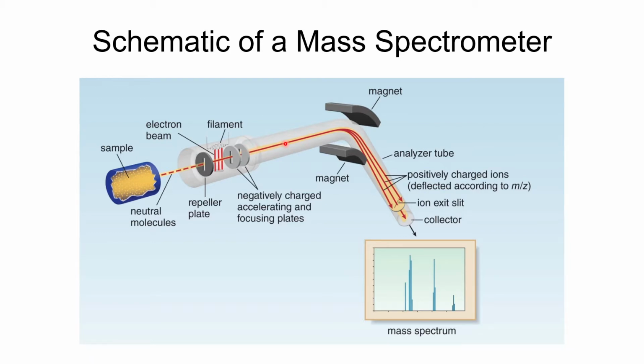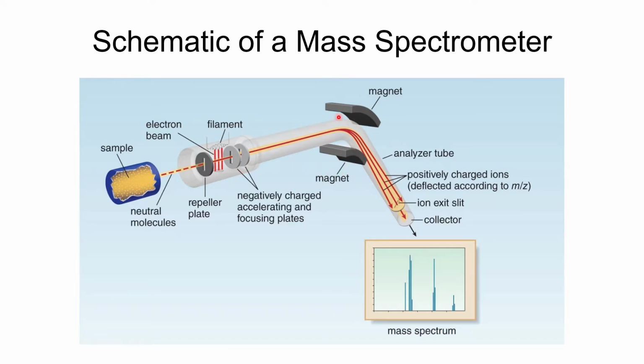And then that beam of particles goes down a long path and through a magnetic field. Now, when a charged particle is moving through a magnetic field, that magnetic field will cause the charged particle to bend in its path. The amount that it bends depends on how large the particle is, how fast it's going, and the strength of this magnetic field. We'll find that the heavy particles do not bend as much, and the lighter particles bend more.